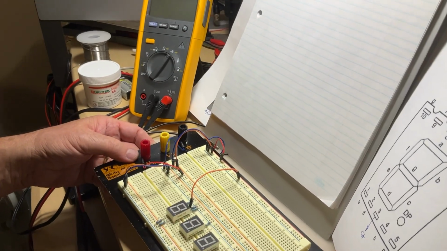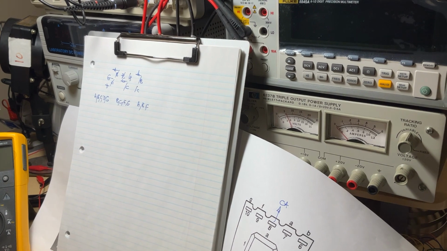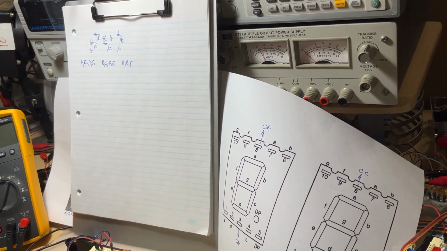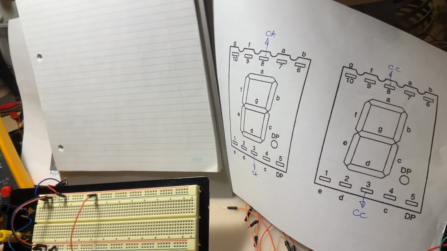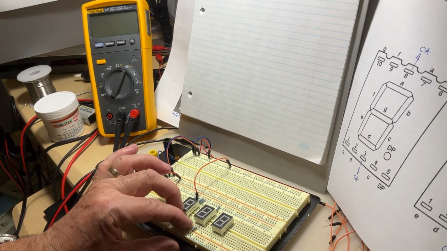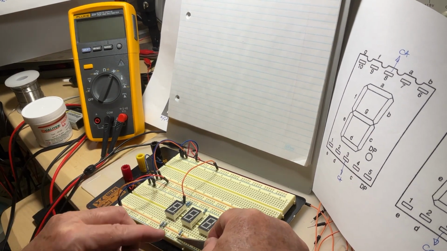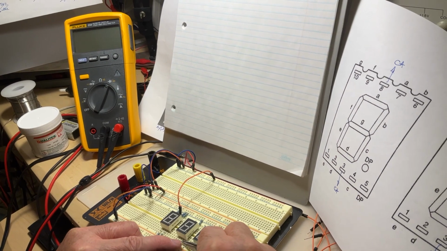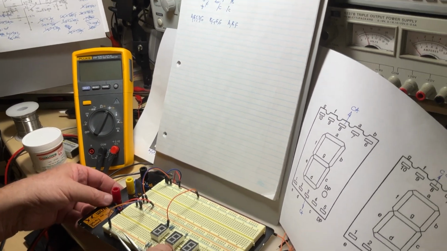So we connect the B. Then we have the C, and C is adjacent to the decimal point. Have to be careful because you want it to make a good contact. I tried to short the resistors to look nicer when you do the wiring. Okay, so this was C.